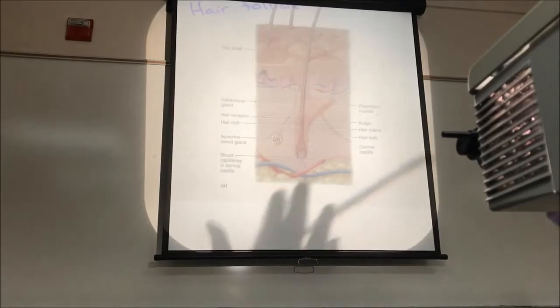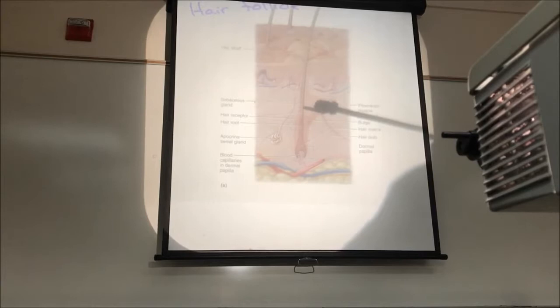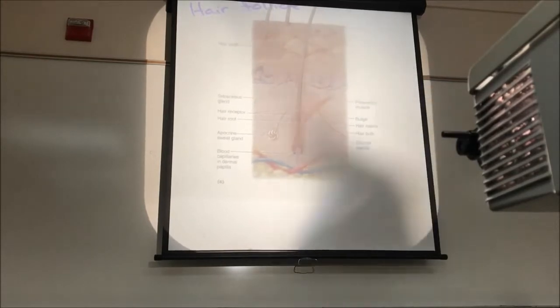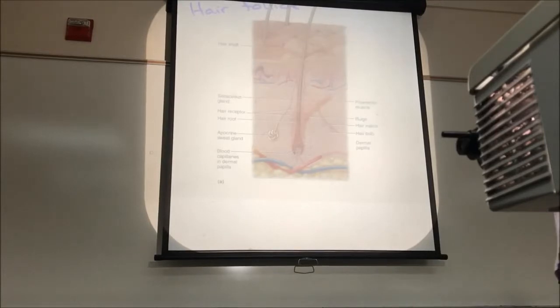There's a couple of different parts to this. What we would think of as the hair that emerges above the surface of the epidermis is called the hair shaft. So the actual hair is technically called the hair shaft. And it will grow up above the level of the epidermis.